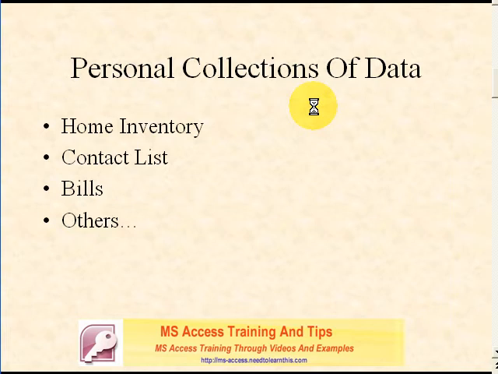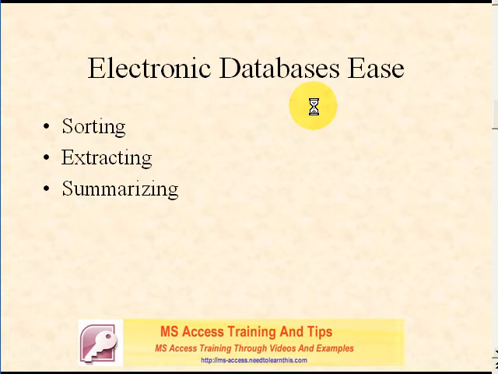Okay, so paper, handheld, or on your computer, it's all information. So you may want to consolidate, be able to find what you're looking for at any particular time. A nice feature about a database is you can get information out. You can sort your information, you'll extract your information, you'll summarize your information.